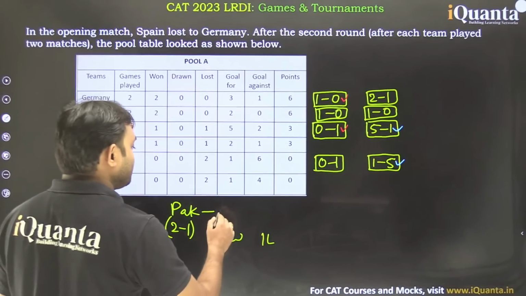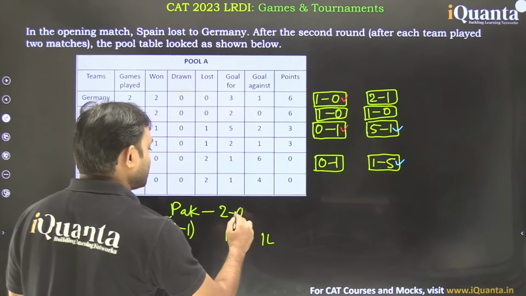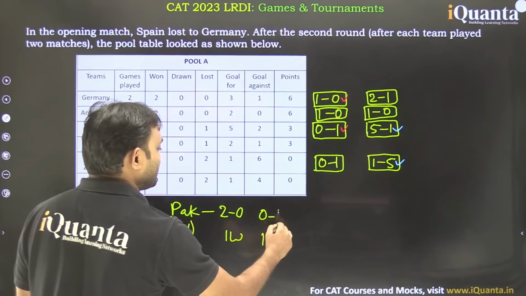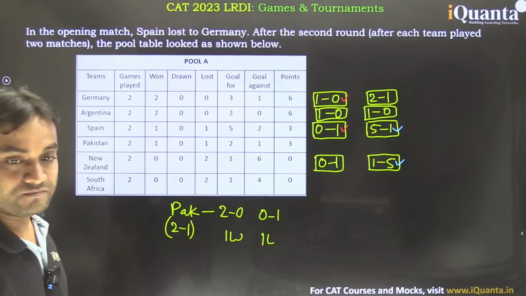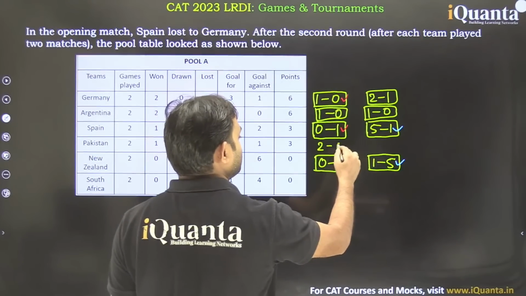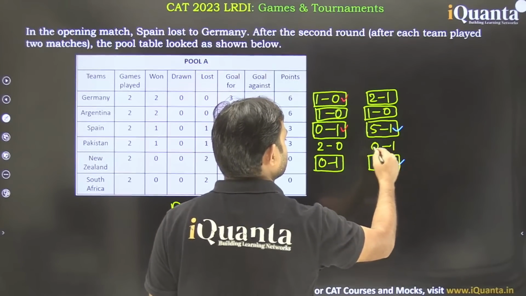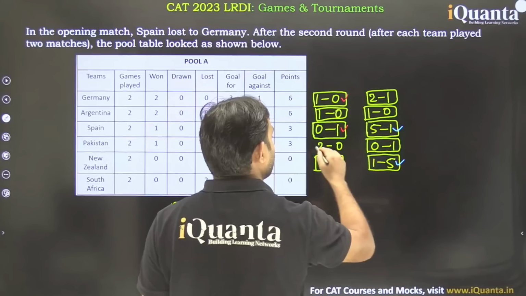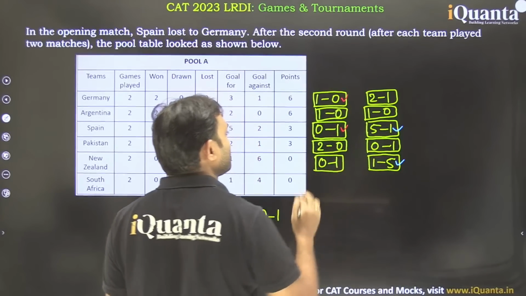Can we say the only possibility is Pakistan won one match by 2-0 and lost the other match by 0-1? So it's 2-0 and 0-1, the only possibility for Pakistan.